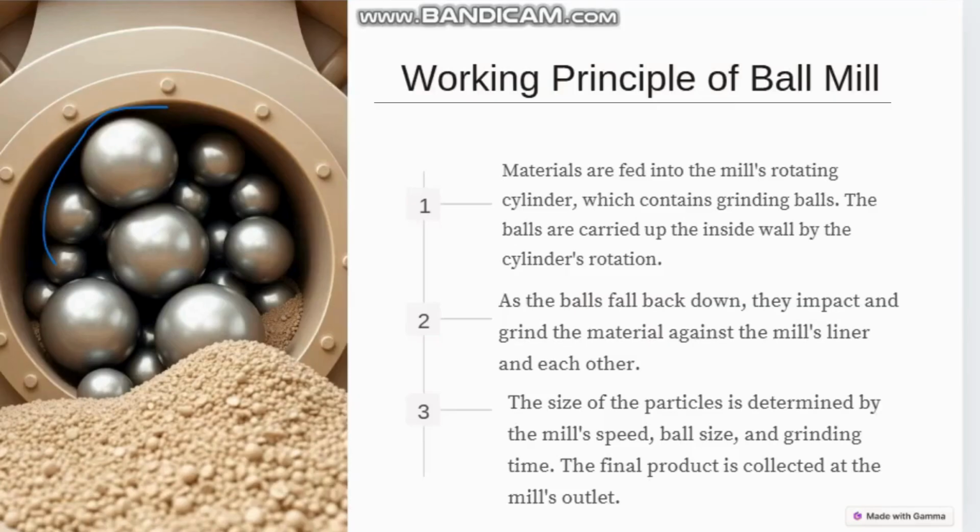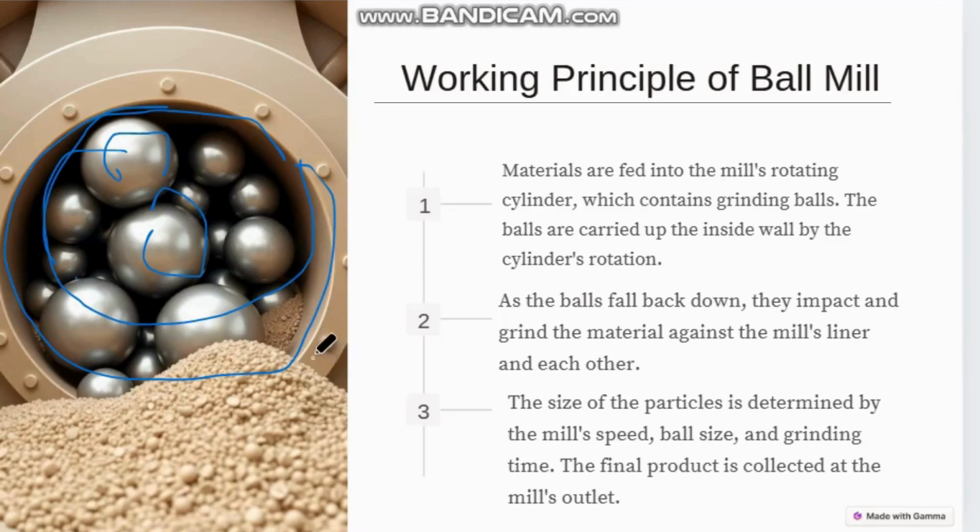Principle of ball mill. Ball mill works on basically two principles, that is impact and attrition. The material which is subjected to the size reduction process is filled in a cylindrical vessel, and this cylindrical vessel contains balls which are made up of stainless steel, and this vessel is allowed to rotate on its own axis.